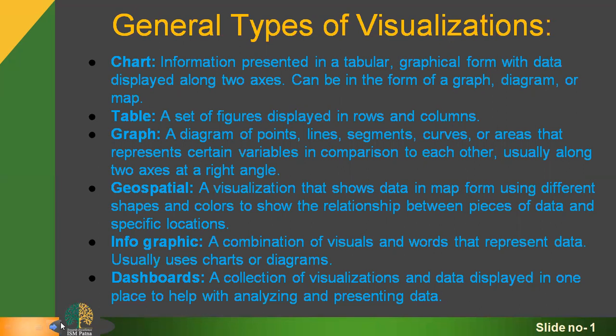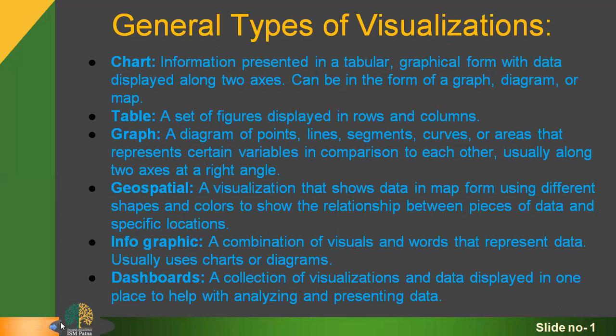Then it can be presented as a table, as we have said, the tabular data form. In the tabular report, it can be presented, and it can be presented as a graph, maybe a line graph or something like this. It may be presented as geospatial.